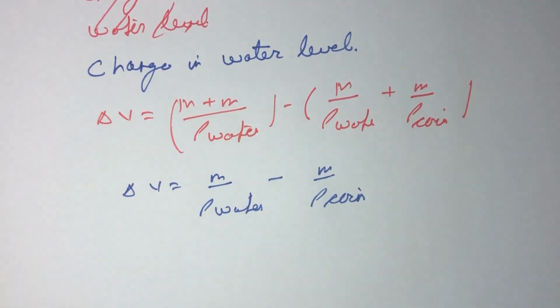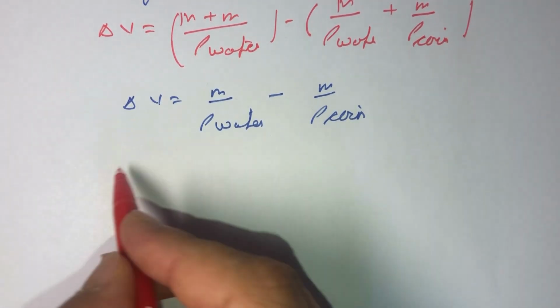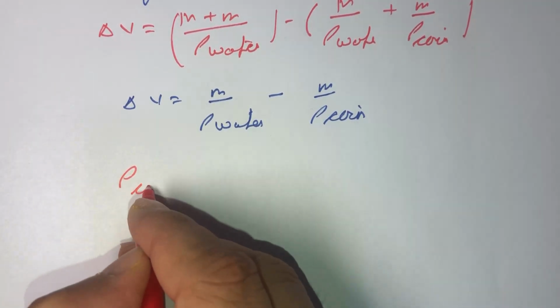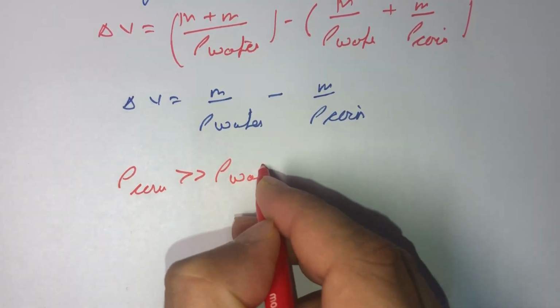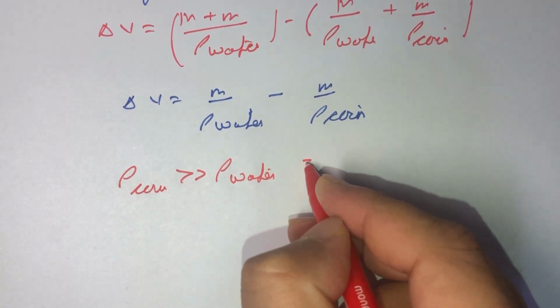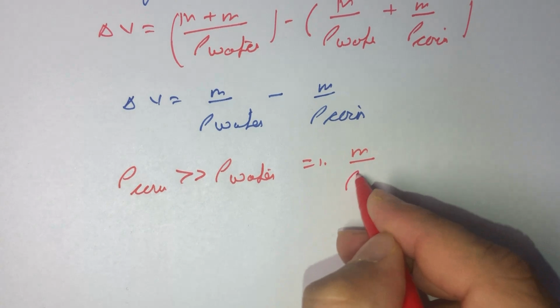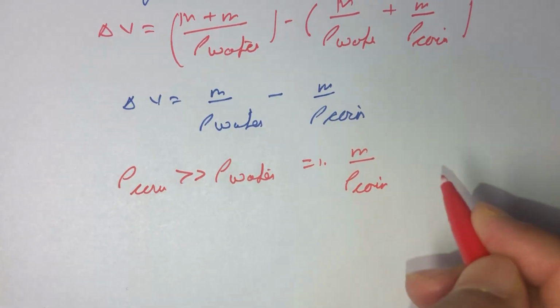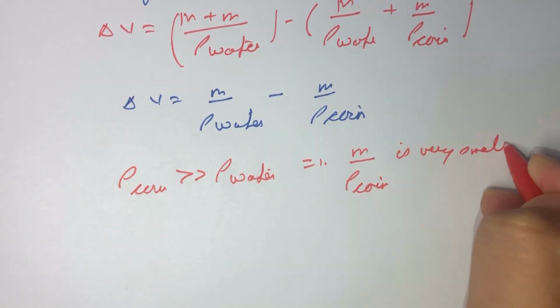And once again, like we proved in the first part, the density of coin is much larger than the density of water. Therefore we can say that m over density of coin is very small.